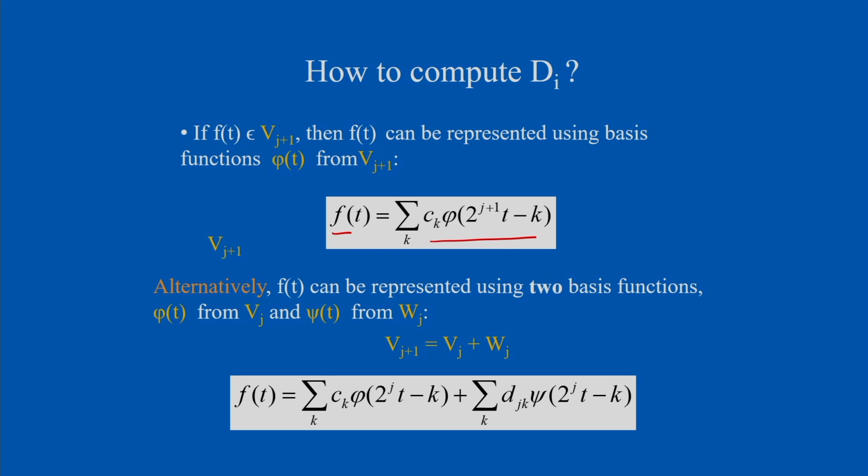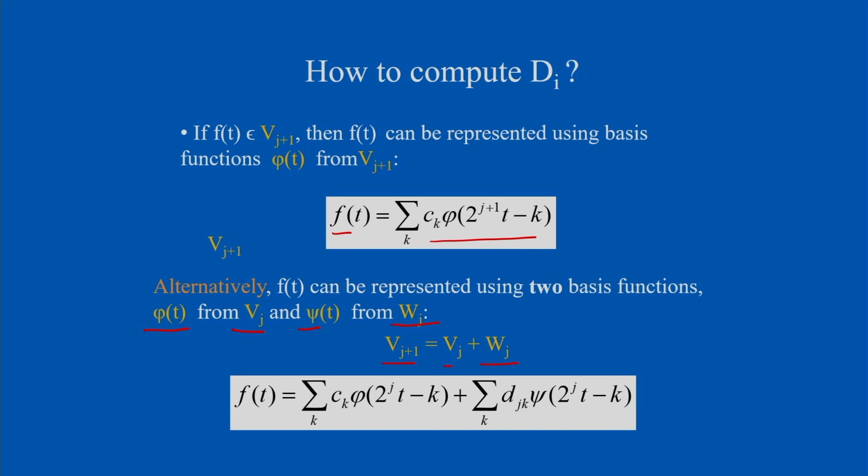Alternatively, Ft can be represented using two basis functions. One is phi t from the space Vj, and also I am considering psi t from the space Wj. What is Wj? Wj is the difference between Vj and Vj plus 1. So here you can see Vj plus 1 is represented by Vj plus Wj. Vj plus 1 is the larger set as compared to the set Vj.